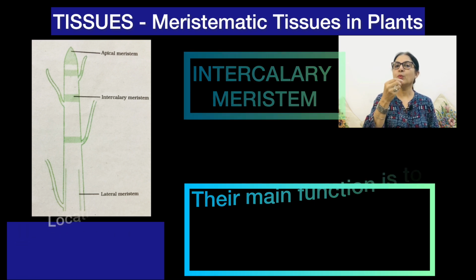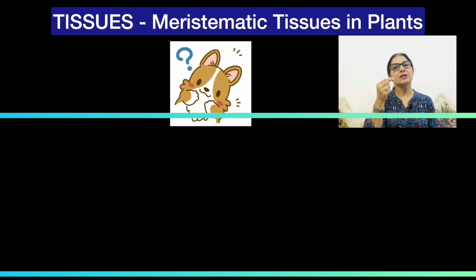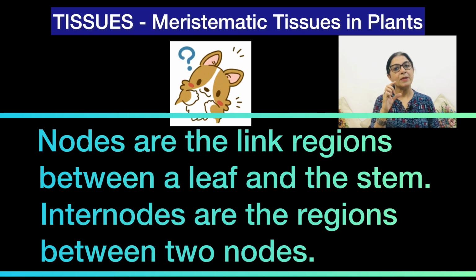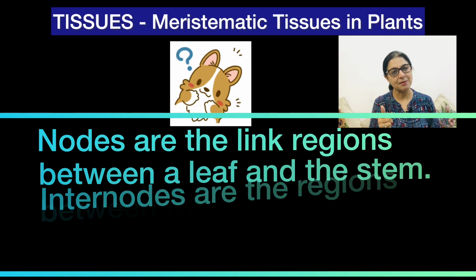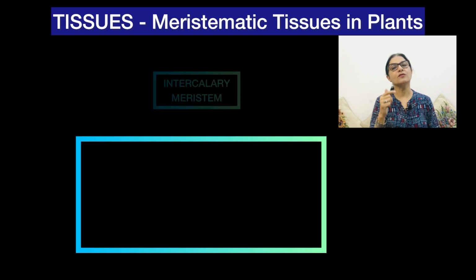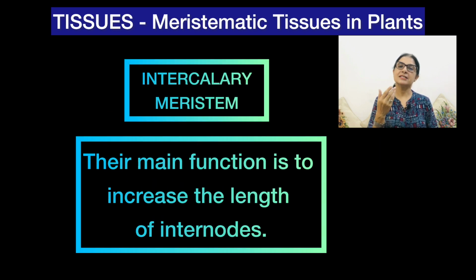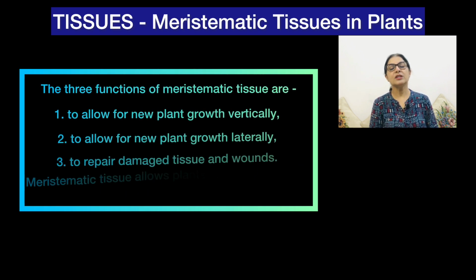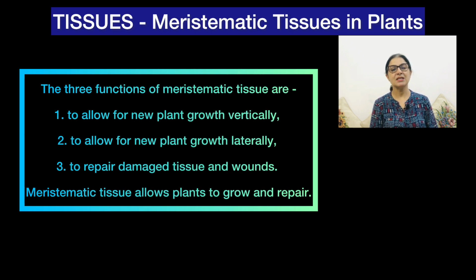That is the point from where the leaf grows. The distance between the 2 nodes is known as the internode. The meristem present in the internode is what is known as the intercalary meristem, and it results in the growth of this internode, or the growth of the leaves, twigs or branches. So these were the 3 types of meristems which are resulting in the growth of different parts of the plant.